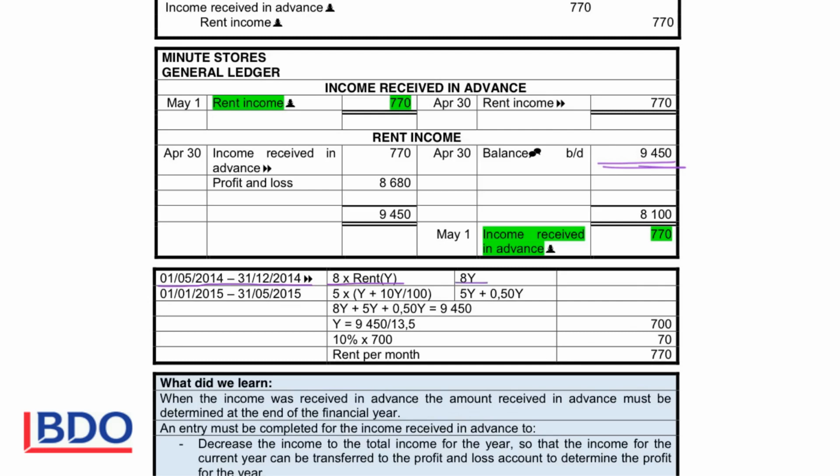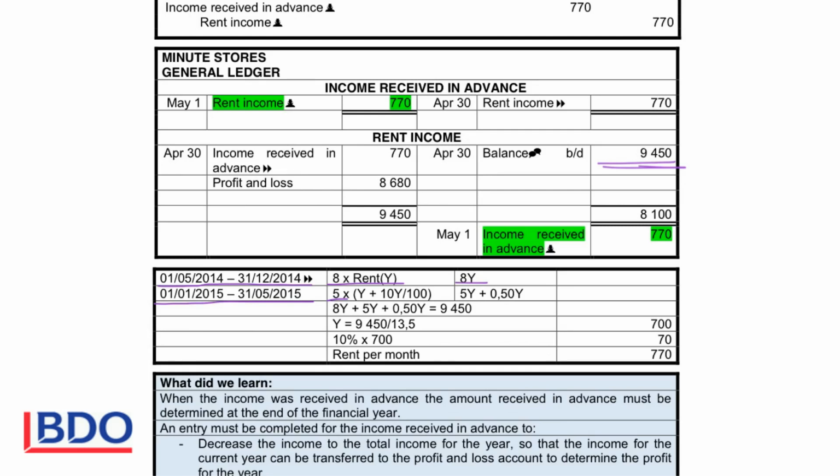Then from the 1st of January, we received money until the end of the financial year, that's 30 April, but we also received 1 month in advance. So it means that we received from the 1st of January up to the 31st of May. That is 5 months. 5 months that we received the rent, Y amount every month, plus an additional 10%.